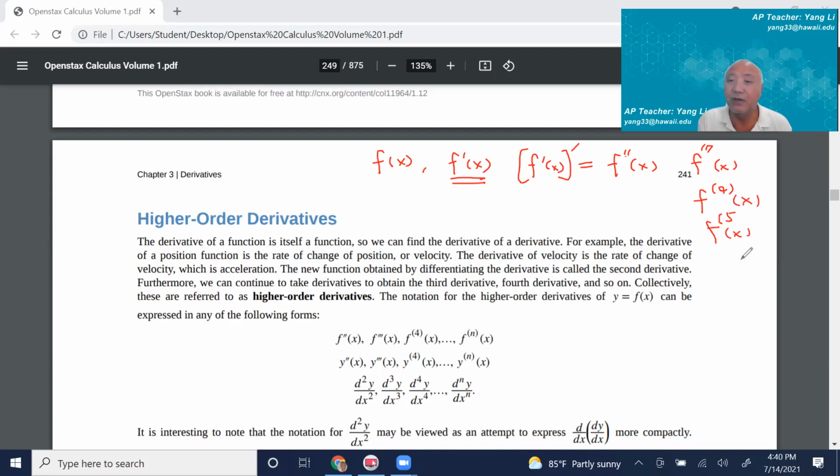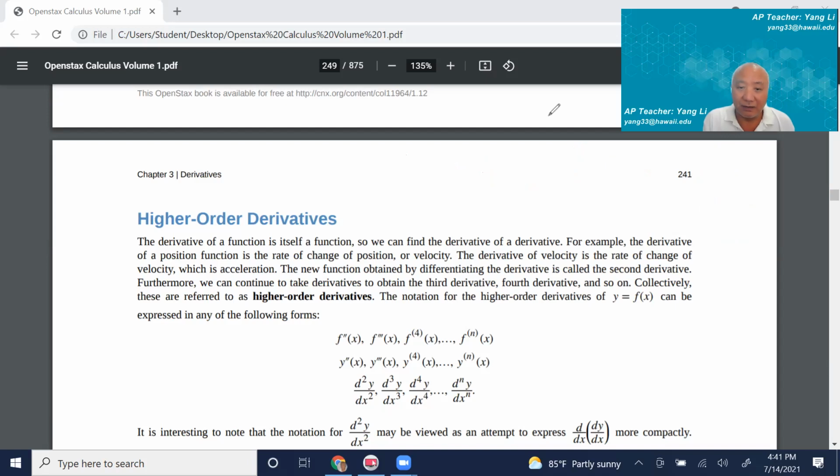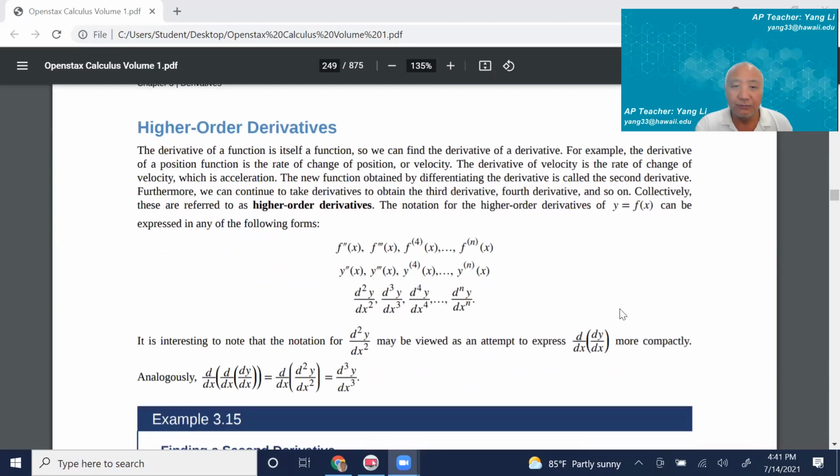It keeps going forever until the nth derivative of f. And the symbol you may write in different ways. You can write like this, as I showed you here, and also you may write it as this. Same symbol, right?